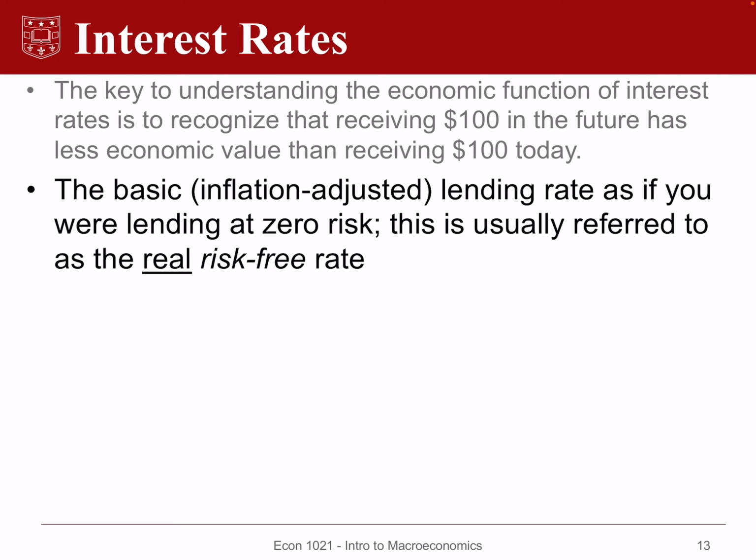This manifests as part of the overall market interest rate being, in real terms, so in inflation adjusted terms, the risk-free rate. So just what is the pure urgency with which you want today's consumption in inflation adjusted terms.